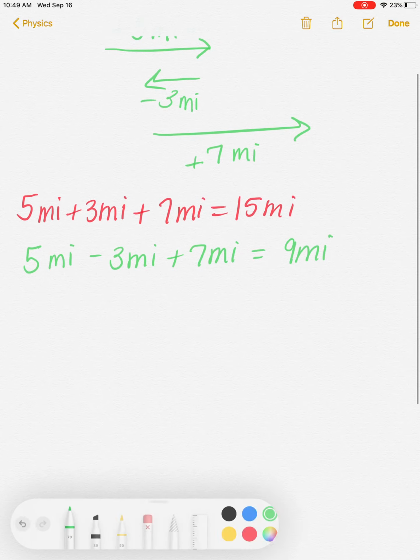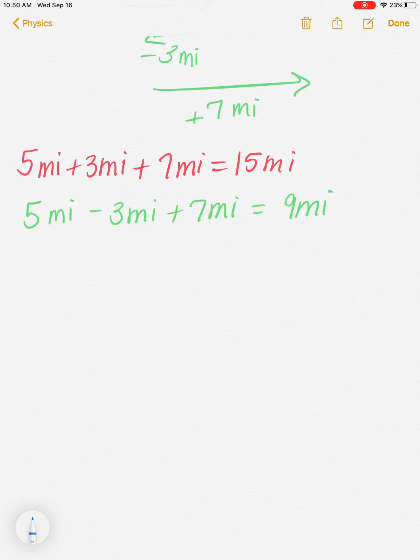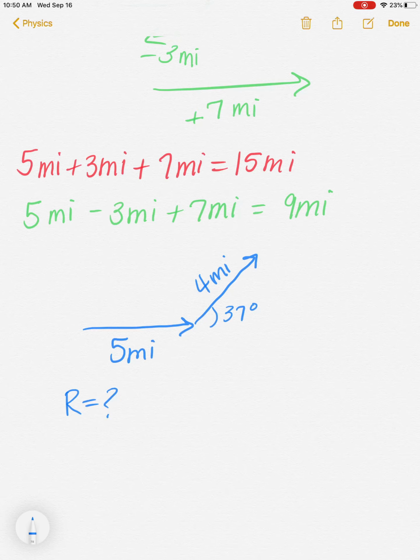All right, so what about if I instead say, you get in your car, you go 5 miles directly east, then you turn at an angle of 37 degrees and you drive for 4 additional miles. What is your resultant?